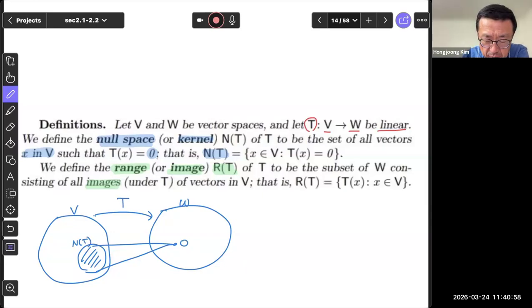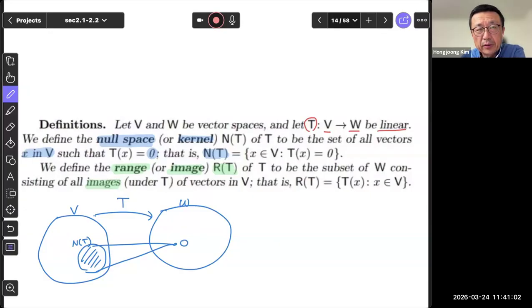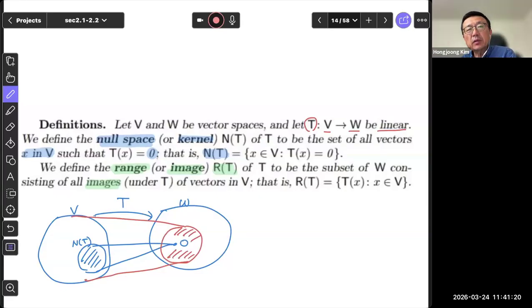And all the vectors in V will be mapped to some vectors in W. So the collection of those vectors in W will be called the image or the range of the mapping.